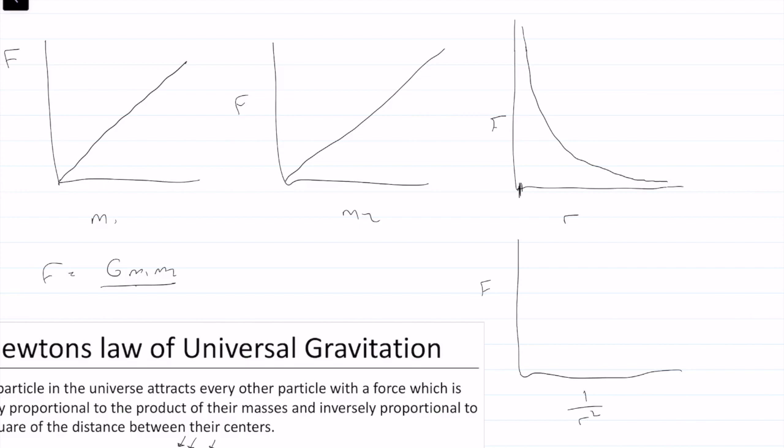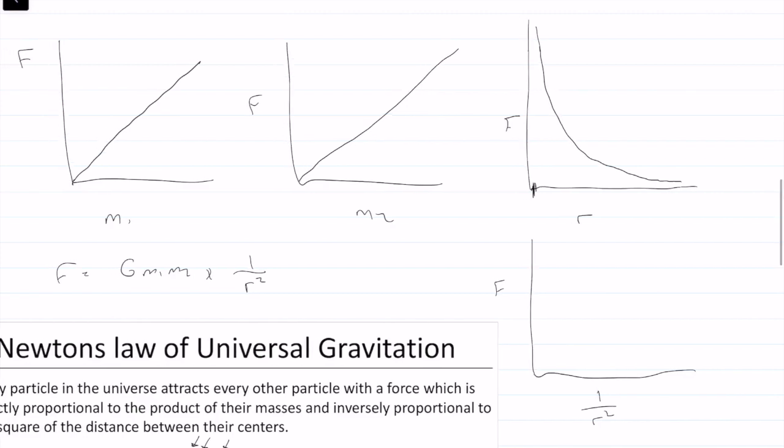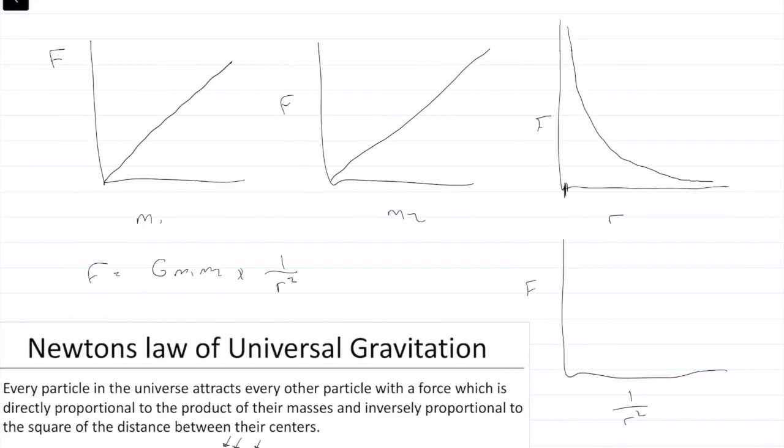So I'm going to say that's G m1 m2 times 1 over r squared. As r squared becomes smaller, as this entire term goes down, my force increases. I hope that makes sense.